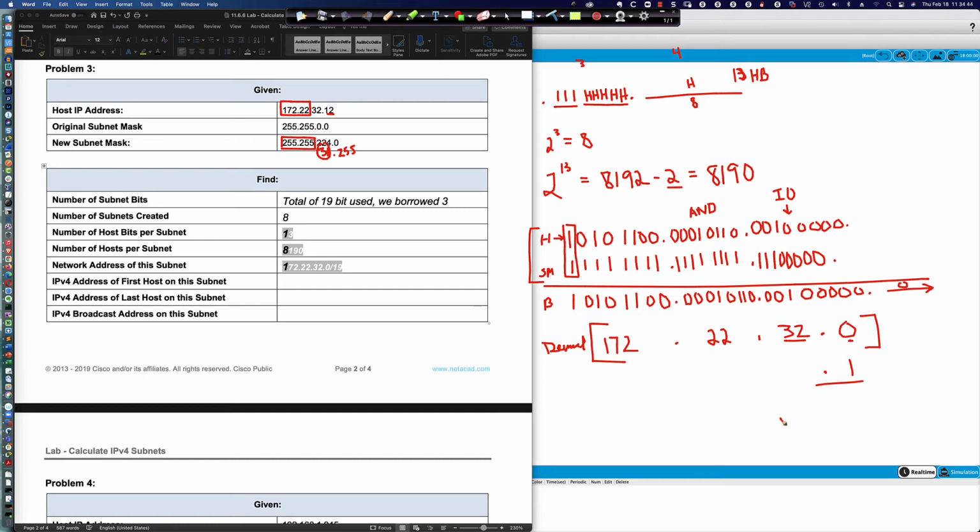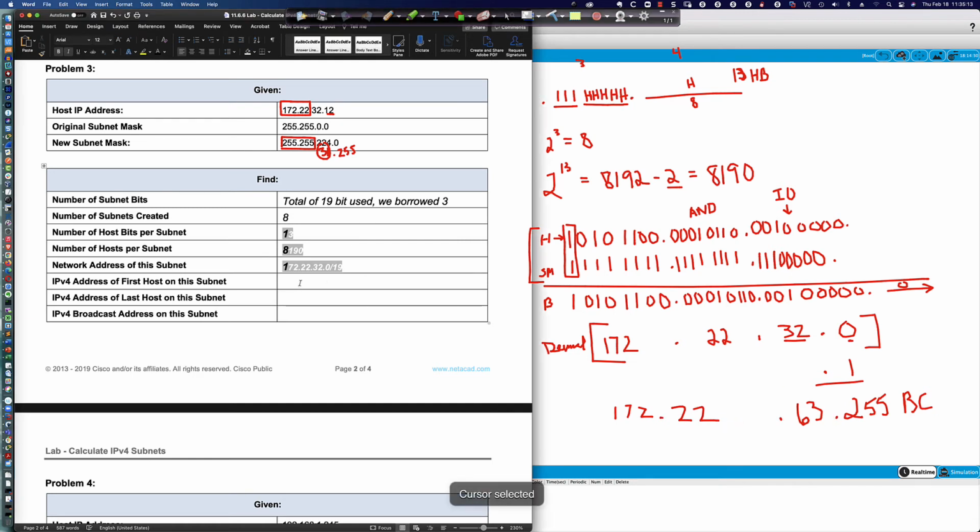So 32 plus 31 is 63, and then 255 would be that last value. We would add 255 to 0, and there is my broadcast address. I'll just say BC for broadcast address, right? So very, very straightforward: 172.22.63.255.